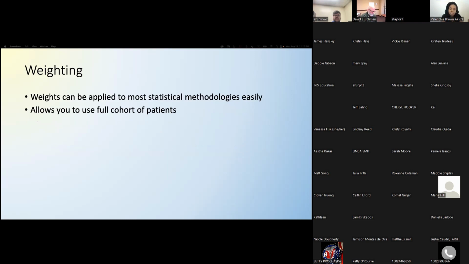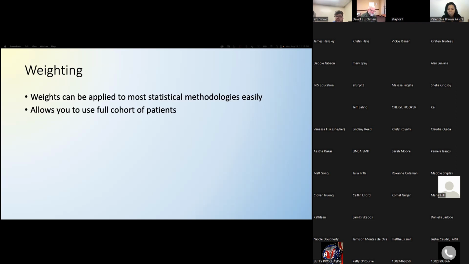And so what weighting does is weighting integrates into most statistical tests pretty easily. But the big advantage of weighting is that it allows you to use your full cohort of patients. So when we were matching, if we were to match patients with each other, the issue that we would run into is that unless we did 2-to-1 or 3-to-1 matching, we may end up with fewer patients.